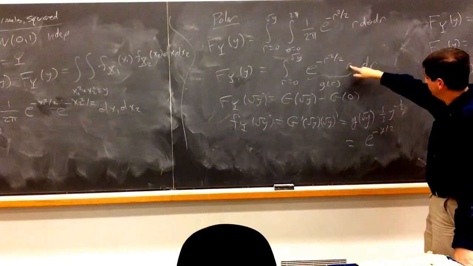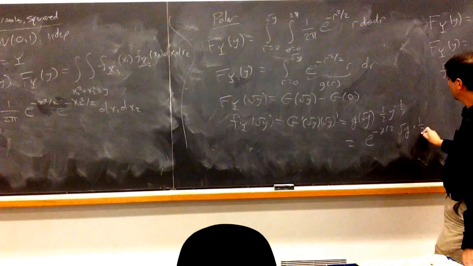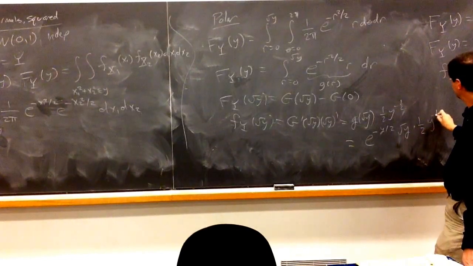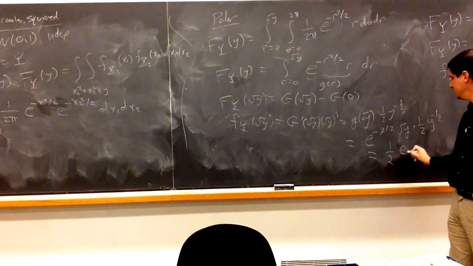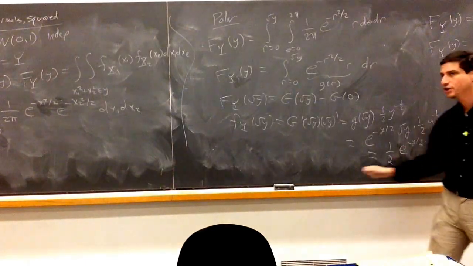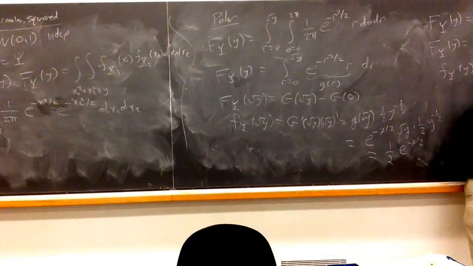And then we also have a factor of r, which is going to be a square root of y times a 1/2 y to the minus 1/2. And so when the dust settles, you get 1/2 e to the minus y over 2. So this is the answer for the distribution of the sum of the squares of two normals.